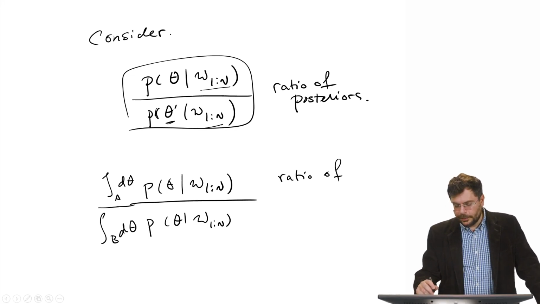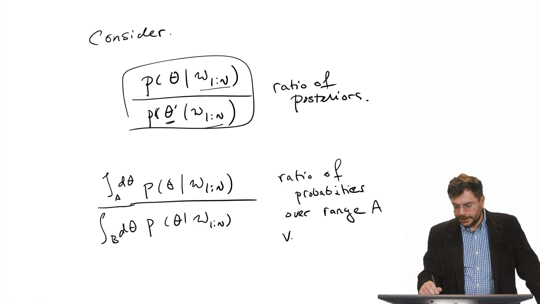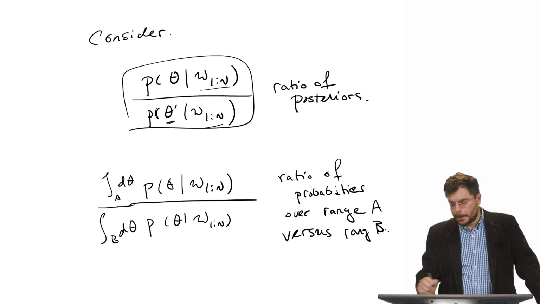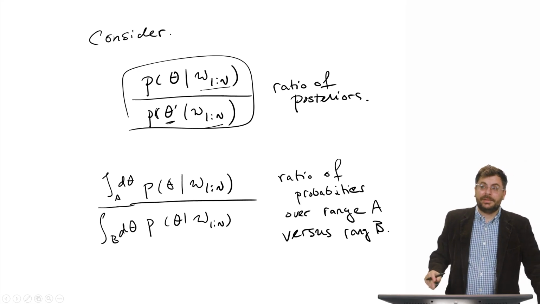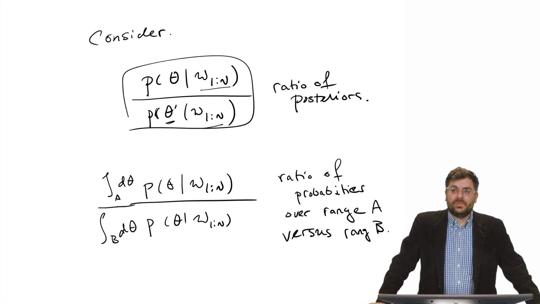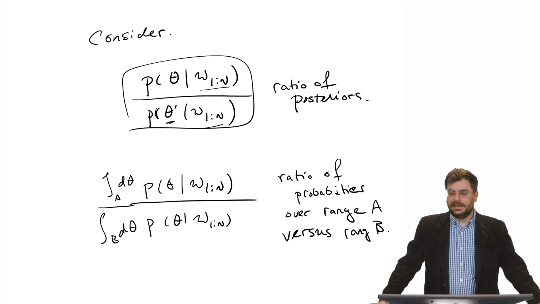So this is a ratio of probabilities over some range A versus a range B. So you may want to ask, for example, is there a trend in my data?